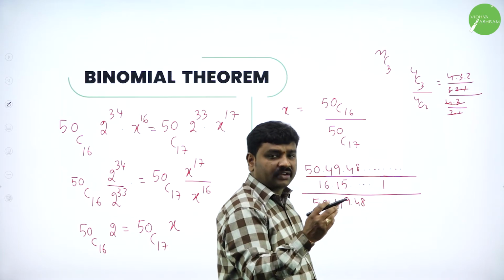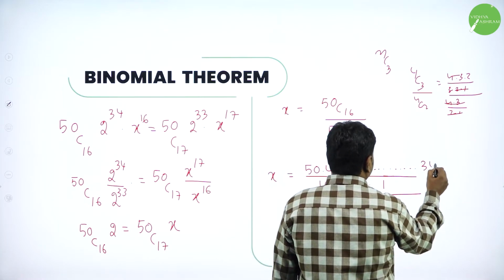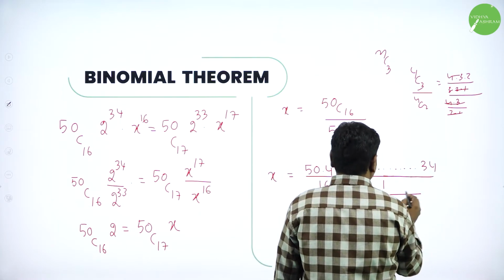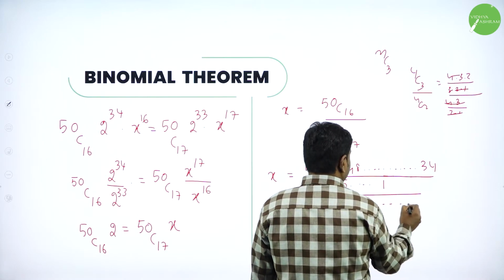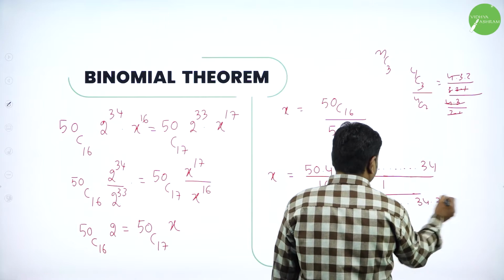If I decrease from 40, 40 minus 6 gives you 34. 34 I should stop, and here I should stop at 17 terms. 34 and then I'll have 33 also.